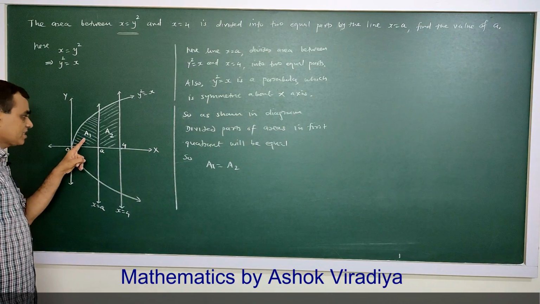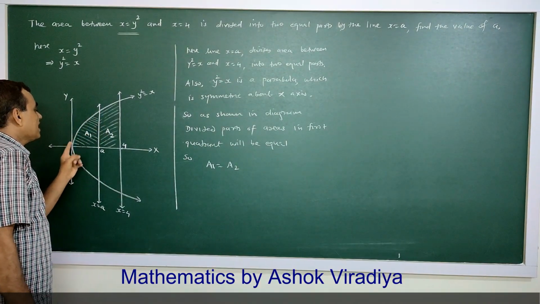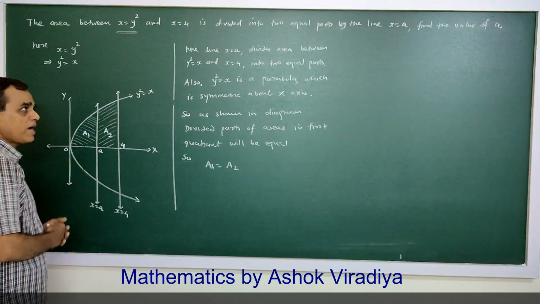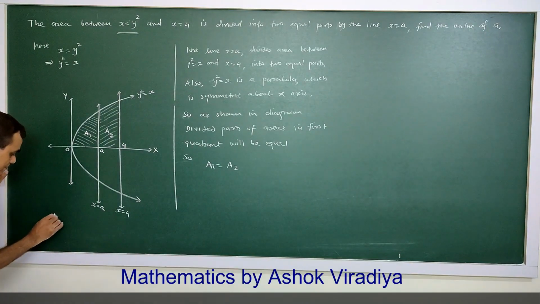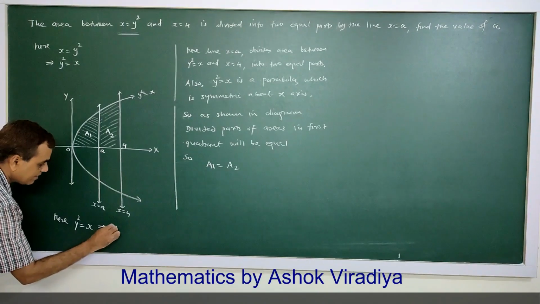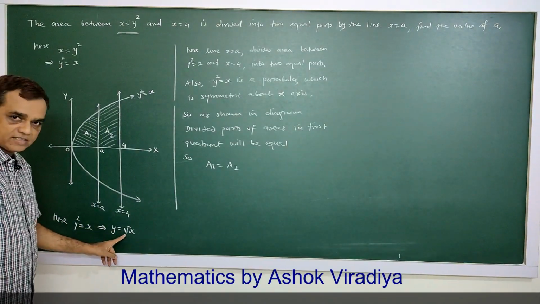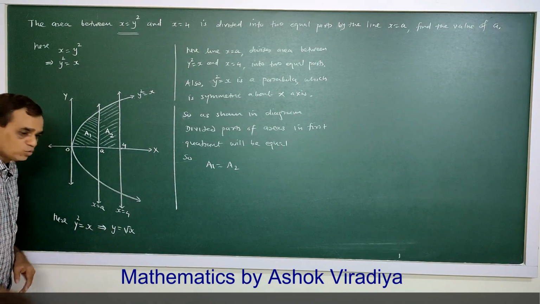Now A1 is bounded by y equal to root x. Y square is x, so y is plus or minus root x.